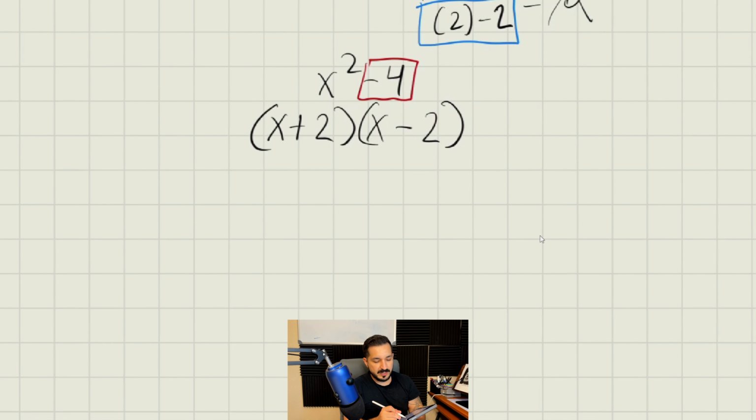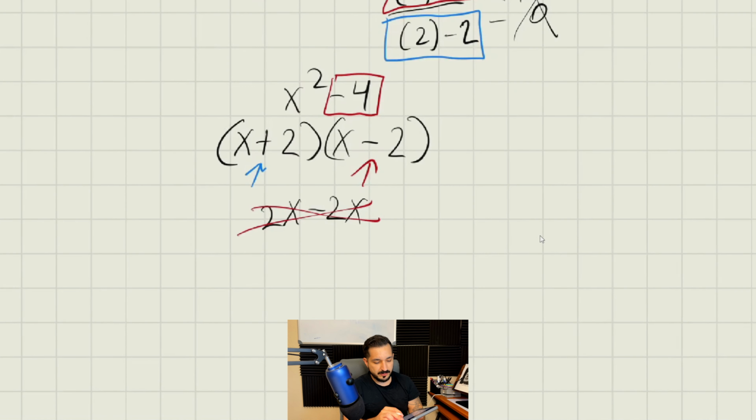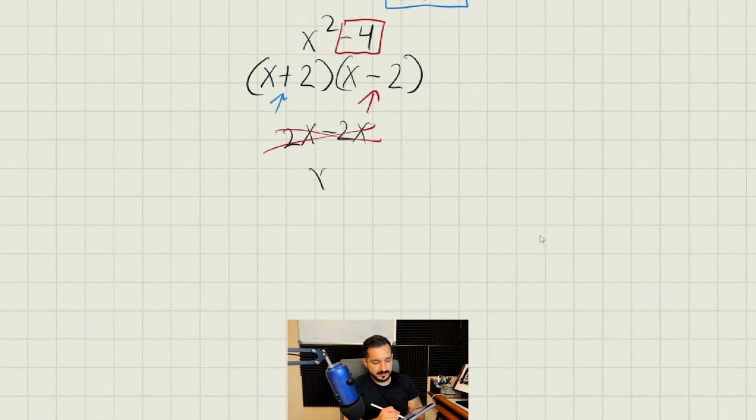As far as for what goes in the center, luckily because we have a minus sign as well as a plus sign, if we were to multiply this out, we would get 2x minus 2x, and that would cancel out. So we don't have to worry about that. So it looks like we're on the right track with (x plus 2) and (x minus 2).